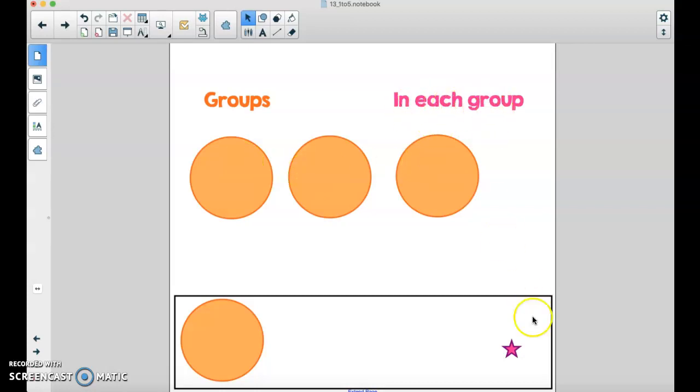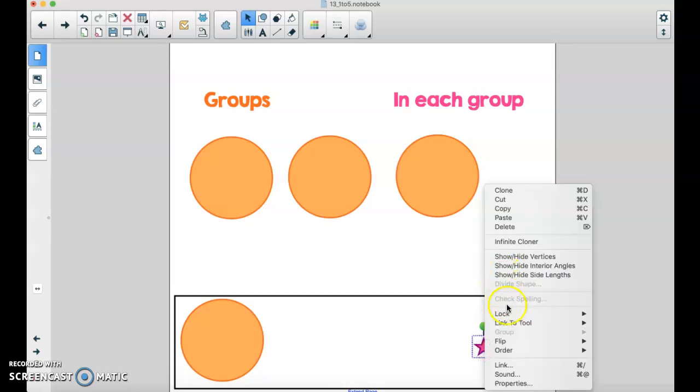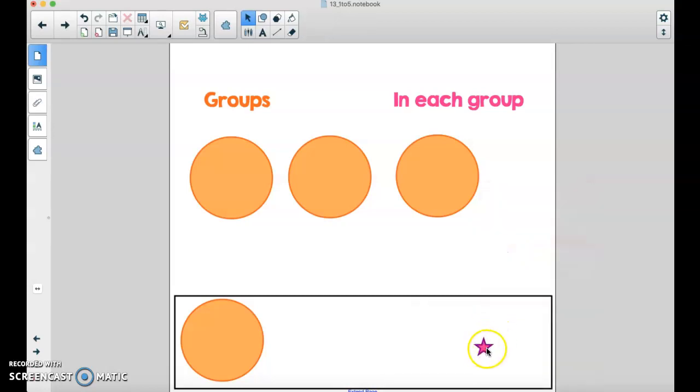Now in each group, say I had 2 stars in each group. So how would I write a multiplication sentence? I want you to write it down on your piece of paper and see if you get your answer right. So click pause and think about how many groups and how many in each group and write a multiplication sentence.